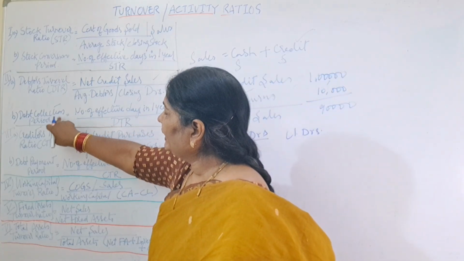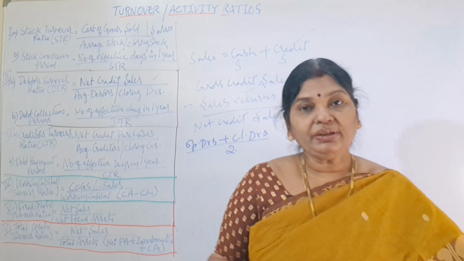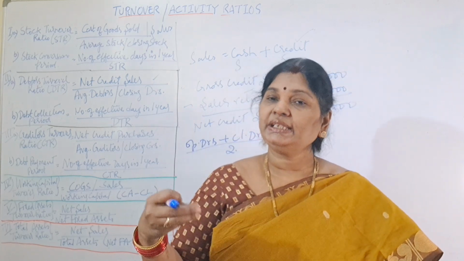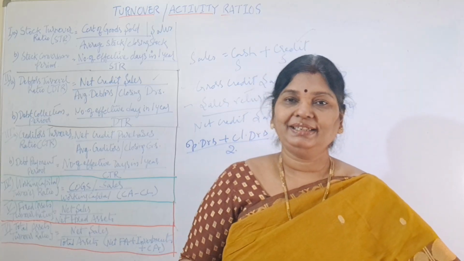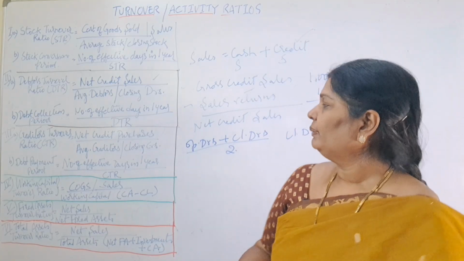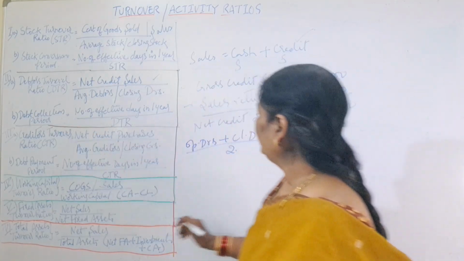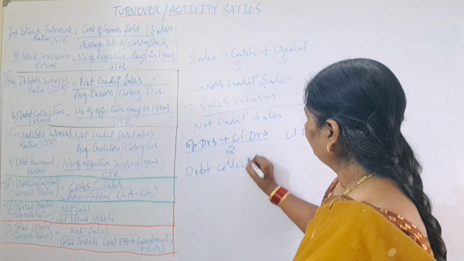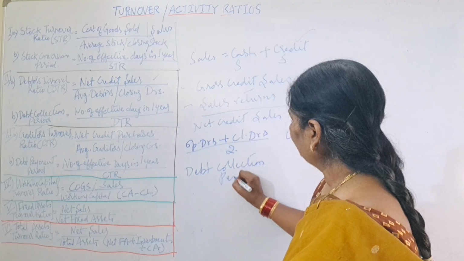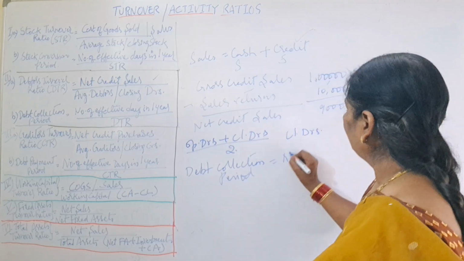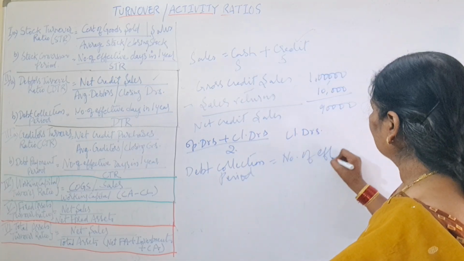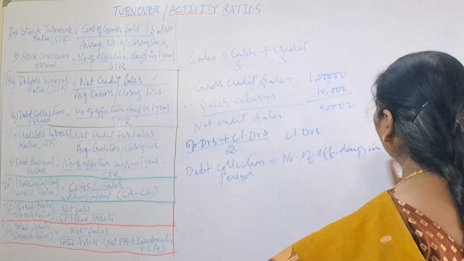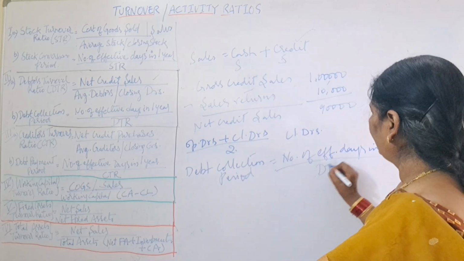Using the DTR, next what you will calculate? You will calculate debt collection period. What is the meaning of debt collection period? Means how many times in a year you can collect debts from your debtors. So how you will calculate that? By using this formula. So here debt collection period, right? Number of effective days in a year, in 1 year, divided by our DTR.